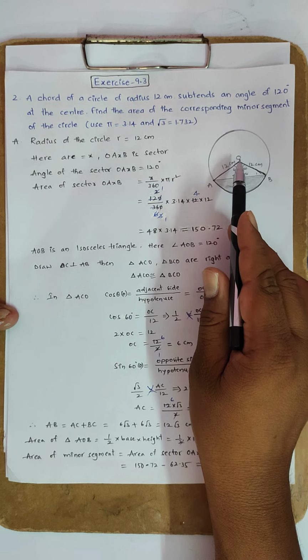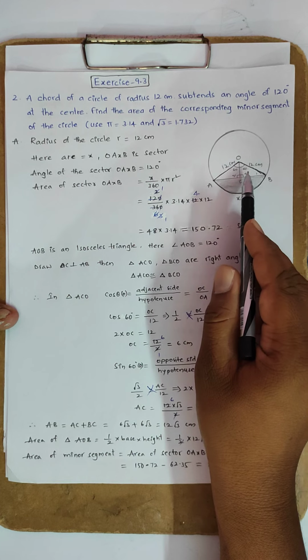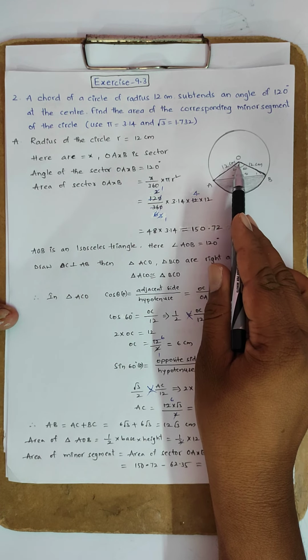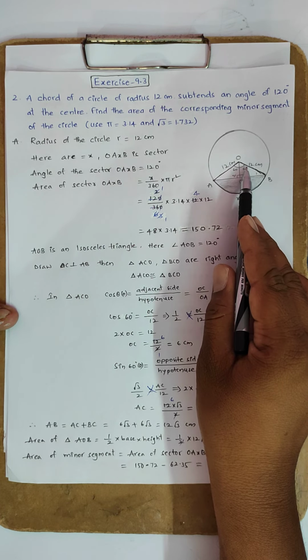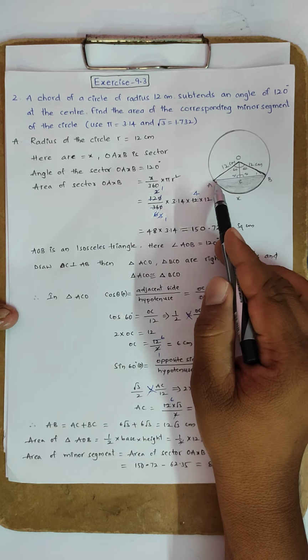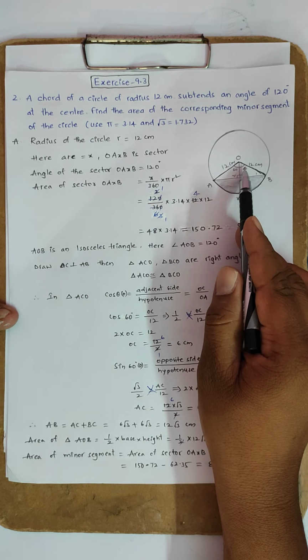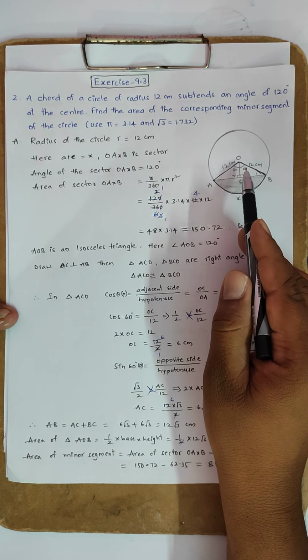Now here AOB is a triangle. In this triangle AOB, the angle at center O is 120 degrees. When you draw a perpendicular line on this chord AB, this angle bisects into two equal angles, 60 degrees and 60 degrees.